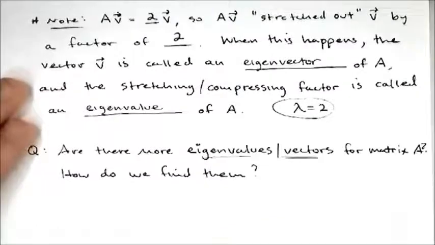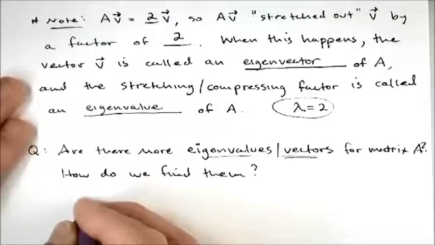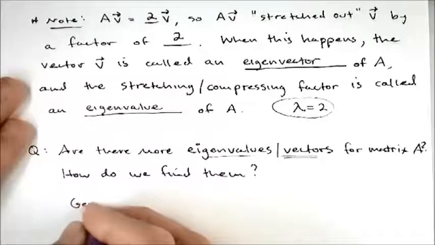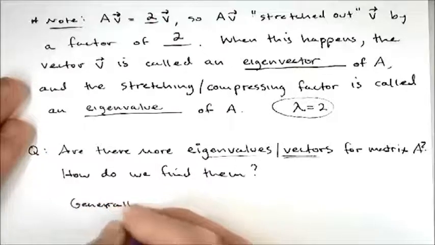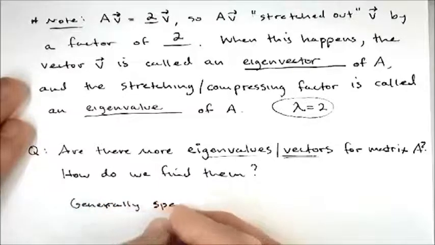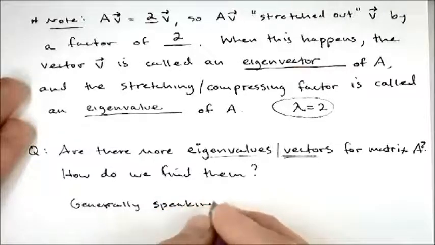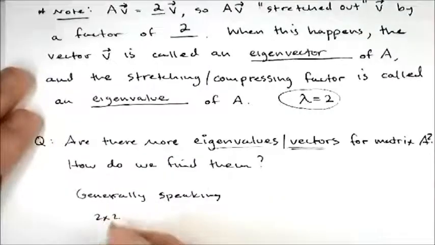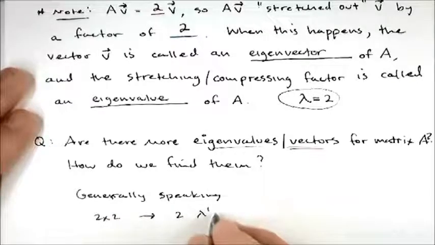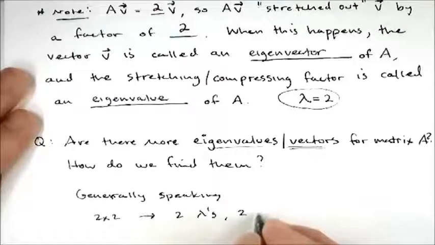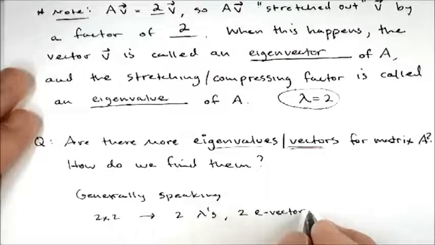So for things that we're interested in, generally speaking, if you have a 2 by 2 matrix, you should have 2 eigenvalues. Each one has its corresponding eigenvectors. Sometimes I get tired of writing eigenvectors.